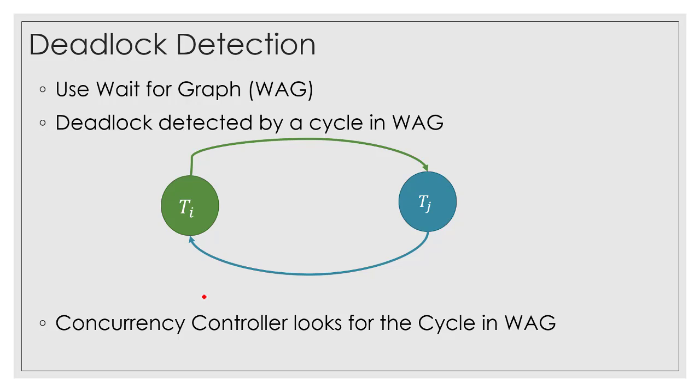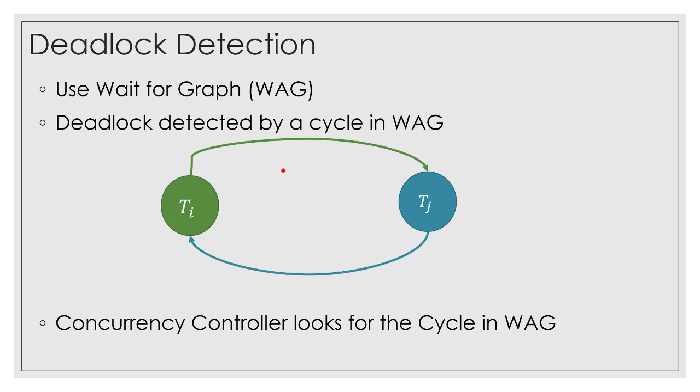So in this diagram, Ti is dependent on Tj and Tj is dependent on Ti for some data item. Now, as you can see, there is a circular dependency, meaning there is a cycle in the wait-for graph, so we can conclude that there will be a deadlock.